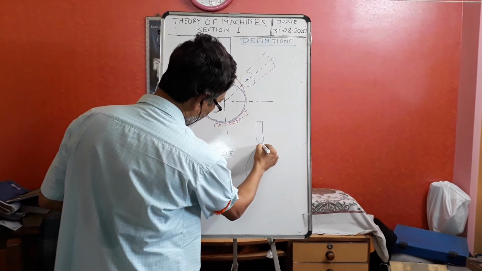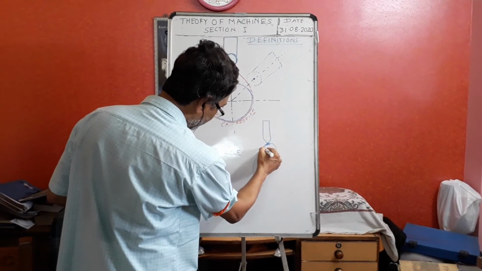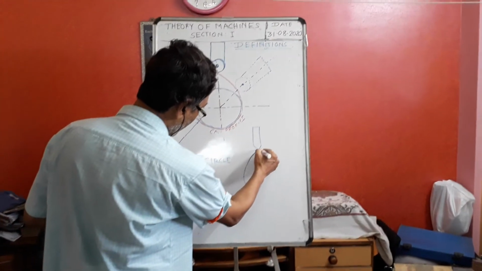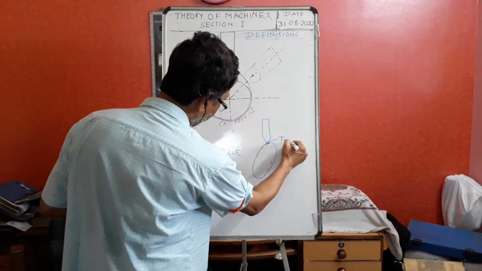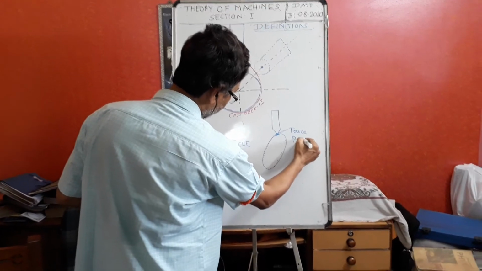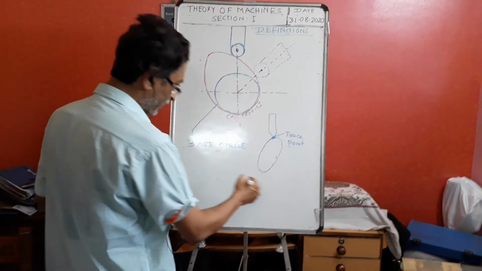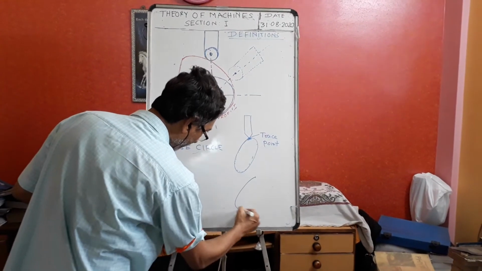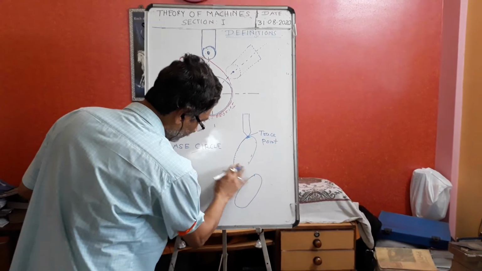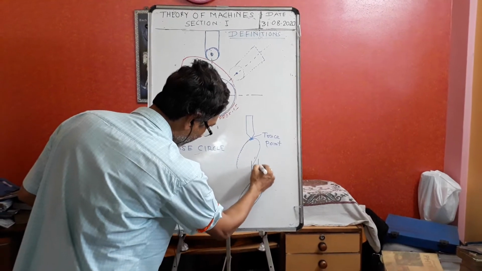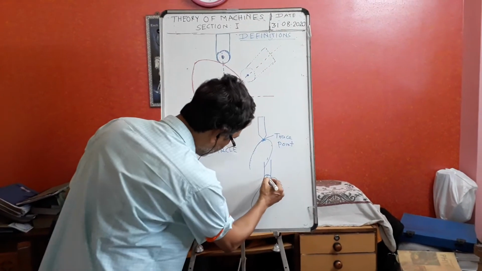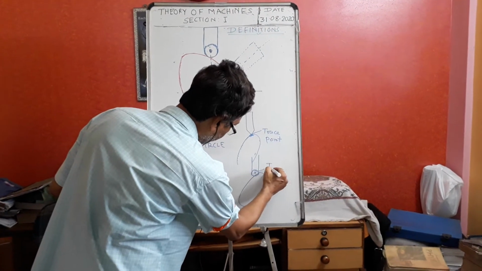The point which will travel on the profile of the cam is called the trace point. In case of a roller follower, the center of the roller is called the trace point.